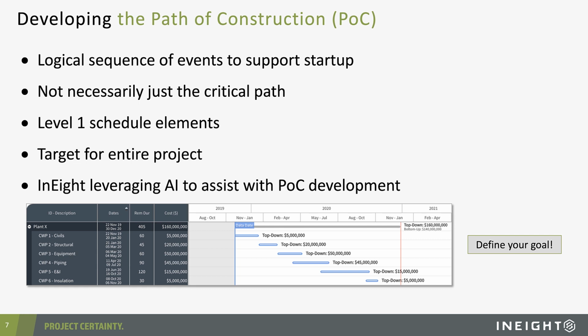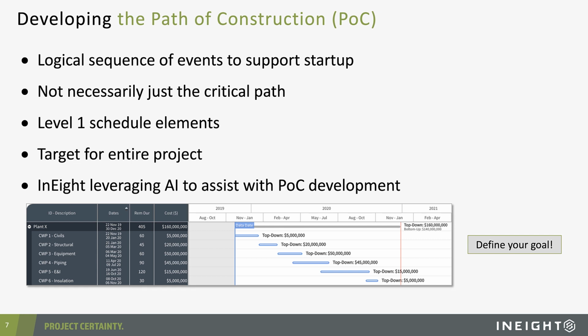So the path of construction, think of this as your project goal. This is, as we mentioned, the logical sequence of events in order to support startup of the project leading through to project completion. And again, it's so important to understand this isn't simply just the critical path.